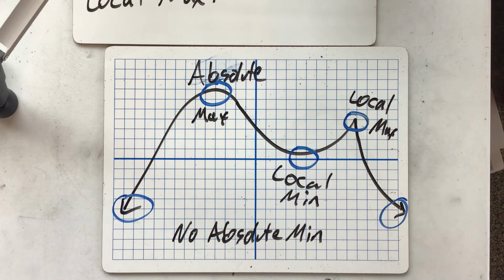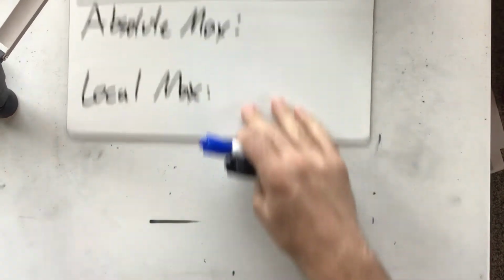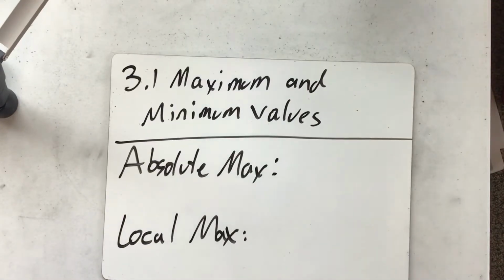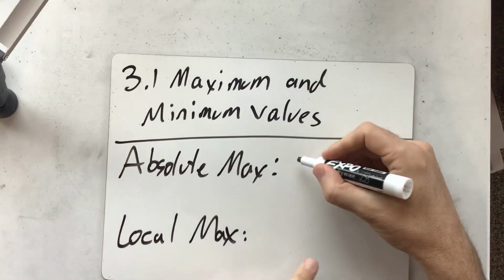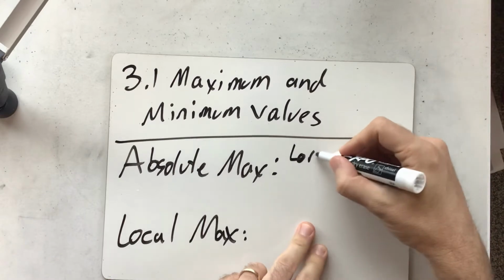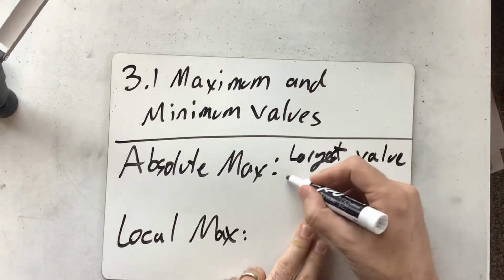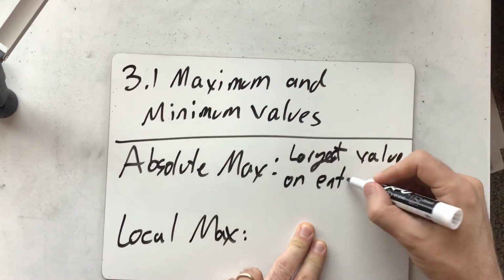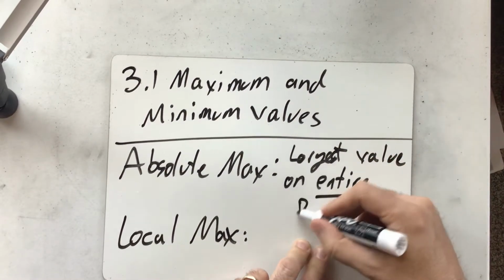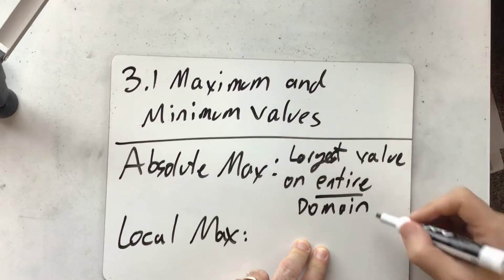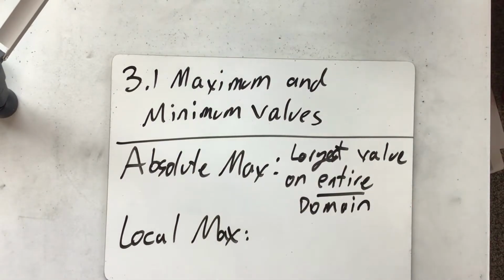And so local, so what's the difference? The difference is the absolute max and min is the largest value on the entire domain. So for the problem I just showed you, it is the largest value from negative infinity to infinity.